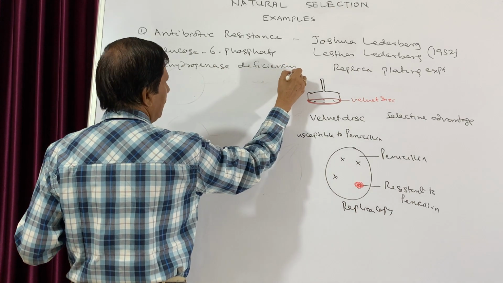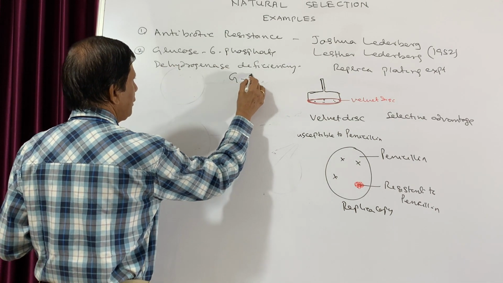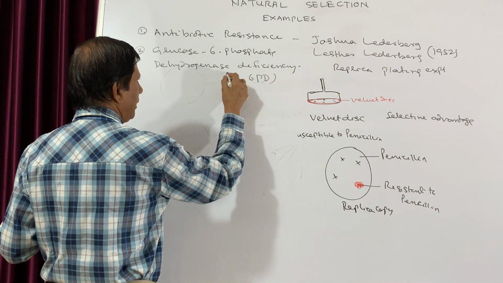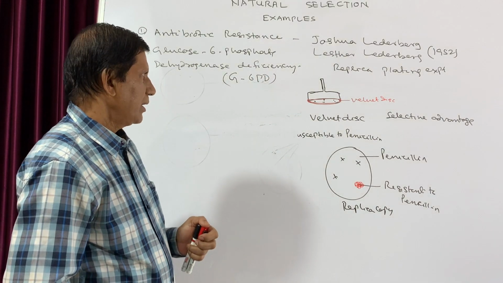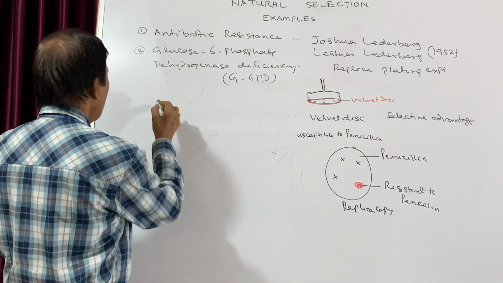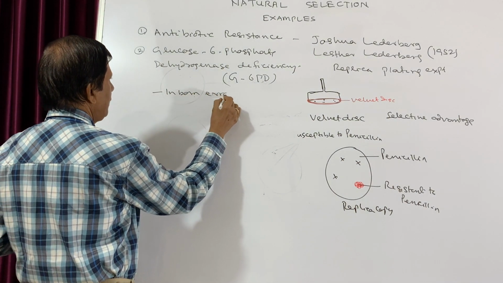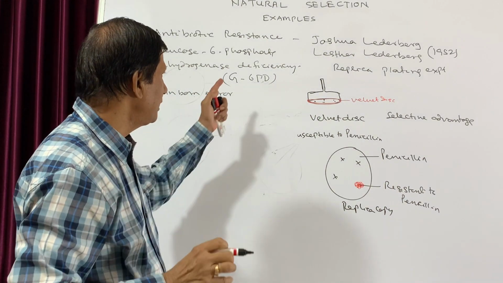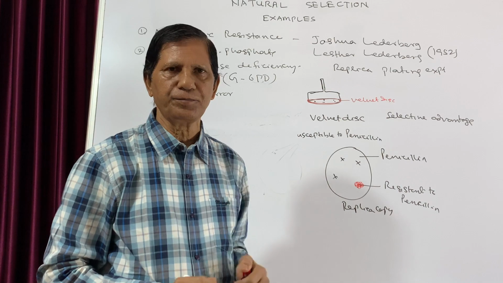This is also a very good example, and commonly it is known as G6PD. This is an inborn error. That means some people suffer from this disease because the defect lies in the gene.